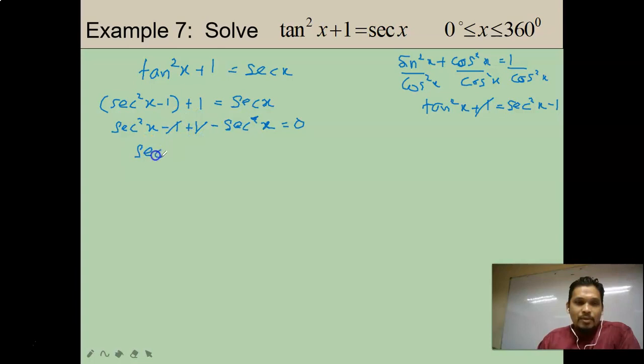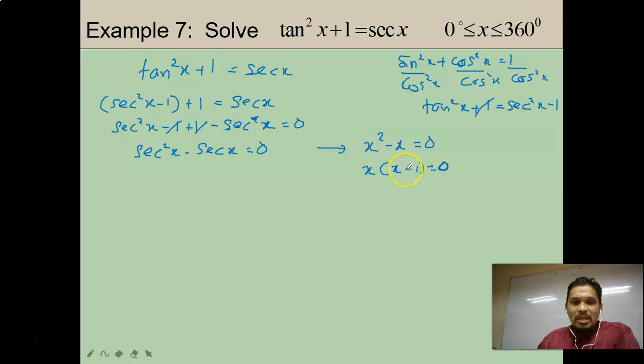Then it gives you secant squared x minus secant x equal to 0. Secant squared is just like x squared minus x equal to 0, then factorize the x, and it gives you x minus 1 equal to 0.